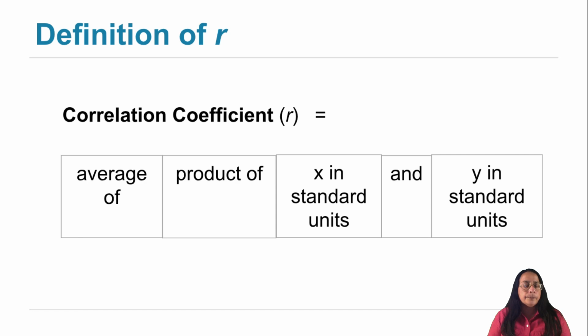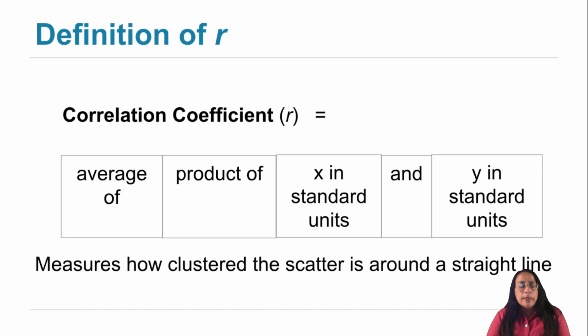That's R. And what this measures is the degree of clustering around a straight line. For now, you've just seen that in some simulated scatter diagrams. As we do prediction, you will see this in more examples, and you will also be able to quantify it in some way. Measures how clustered around a straight line.